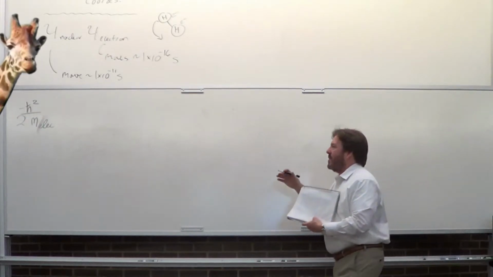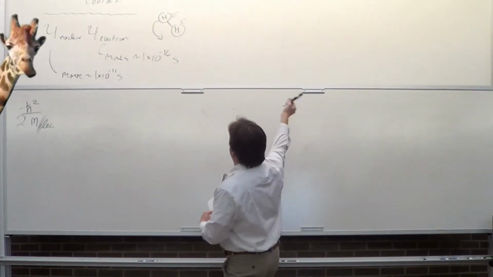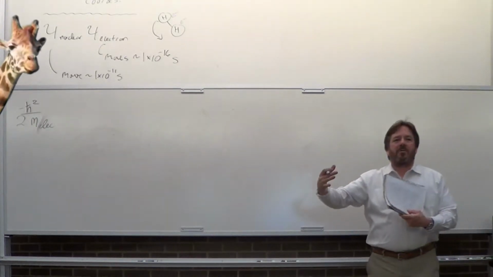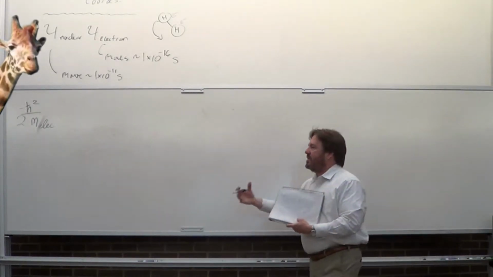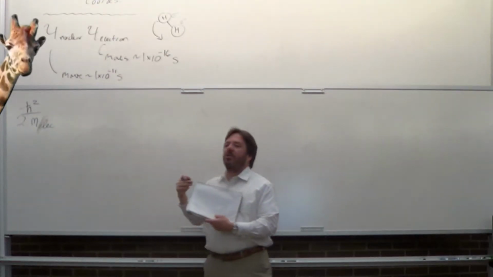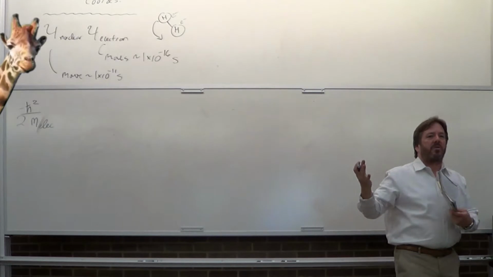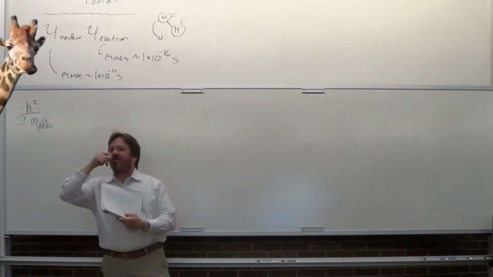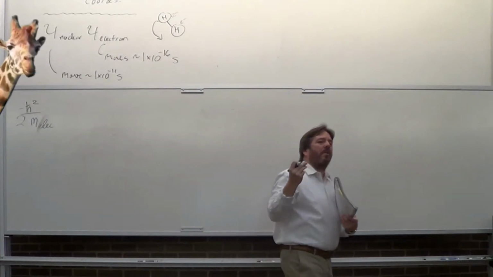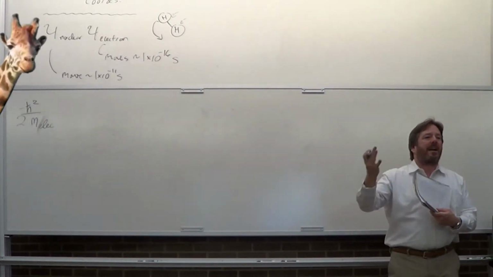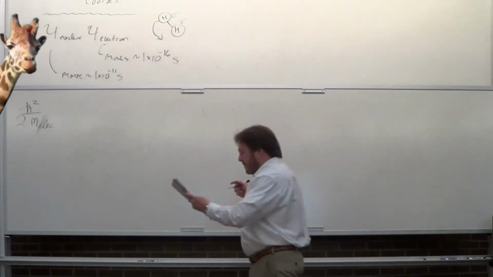The problem with what I had just erased is that nuclear and electron motion are coupled, so you use center of mass coordinates. What that means is that you use a reduced mass, right? So the mass of the electron in the Schrodinger equation for the hydrogen atom, you actually use a number that's like 2% bigger, and that accounts for the fact that there's actually a nucleus moving as well.